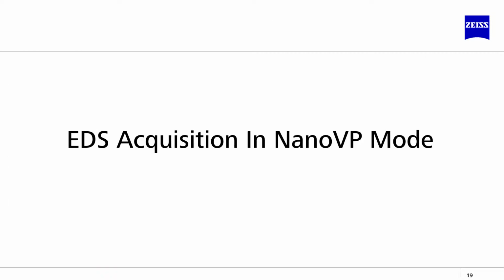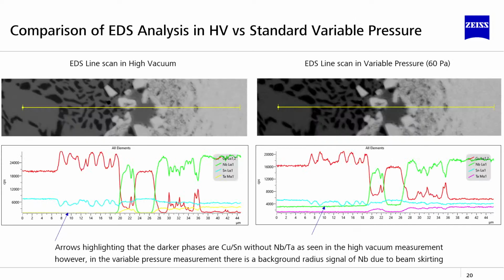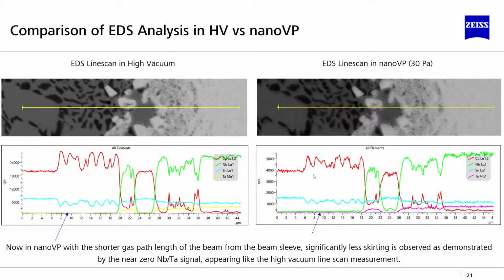And oh, one thing I should mention, I didn't show today, but it's a very big benefit of the NanoVP mode. The beam skirting, as we mentioned, can degrade the resolution, but it also degrades the EDS. This shows that we have a signal here that's not supposed to be here. This one for the niobium is not supposed to be there. It picks it up because of the beam skirt effect.